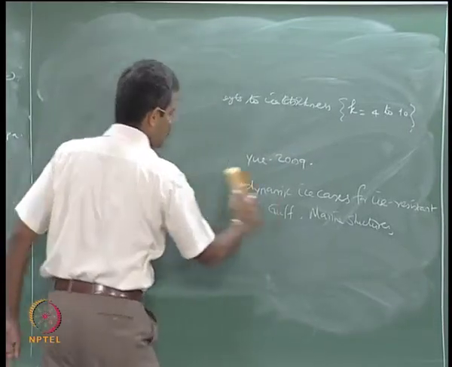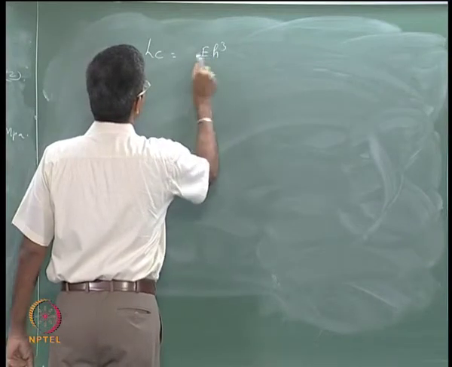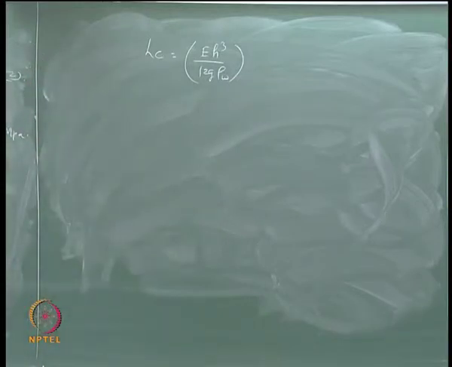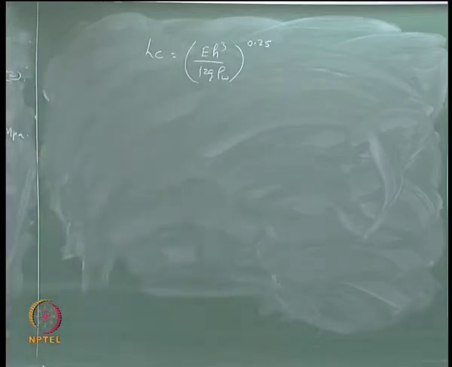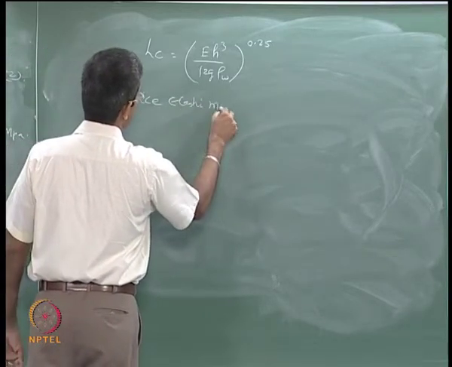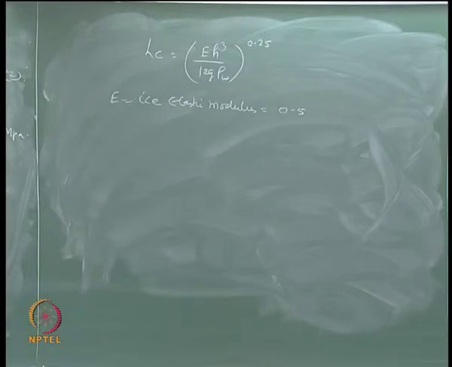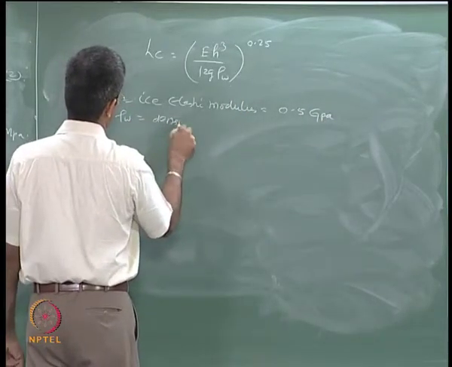Now, the characteristic length which is to be used in the spectrum is given by another equation, where E is the ice elastic modulus, which is taken as 0.5 gigapascal, and rho W of course is the density of water.